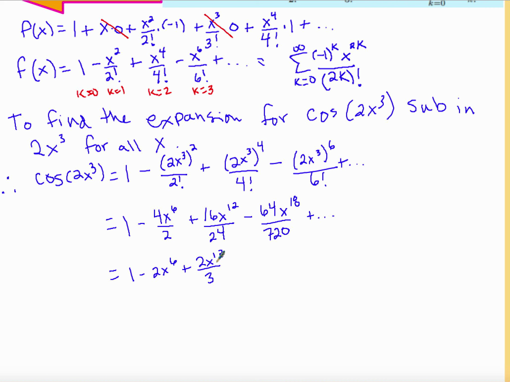So 2/3 x to the 12th minus, 64 and 720. They are both divisible by, I think, 16. That will reduce to 4x to the 18th divided by 45. So this is our expansion.